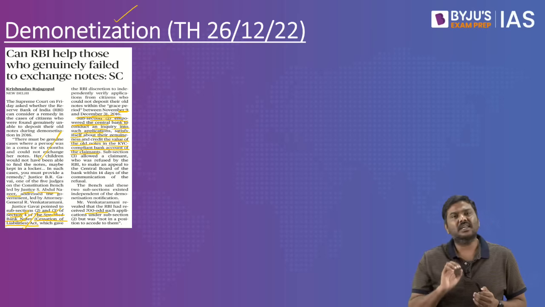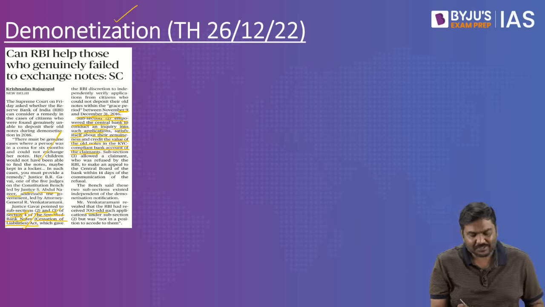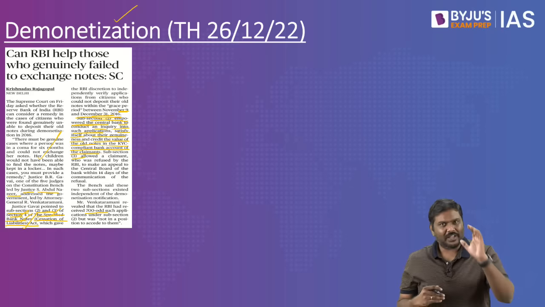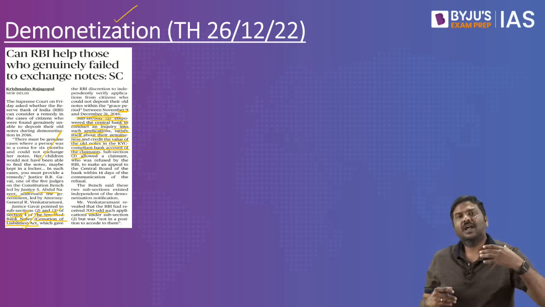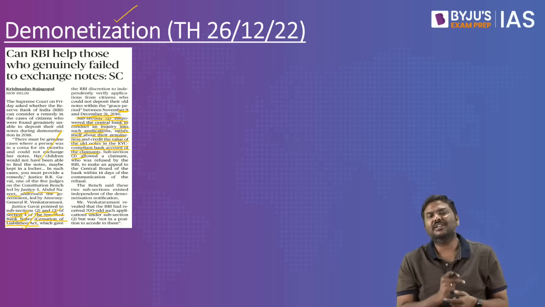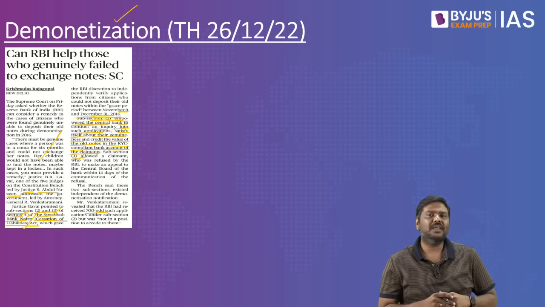Now many of you will simply say, sir, agreed, subsection 2 provides this. What about subsection 3? The same article also provides the information. Imagine you are the RBI governor, I am the applicant, I have given the application for you to exchange the currency notes, you somehow do not agree to that. You have rejected my application.